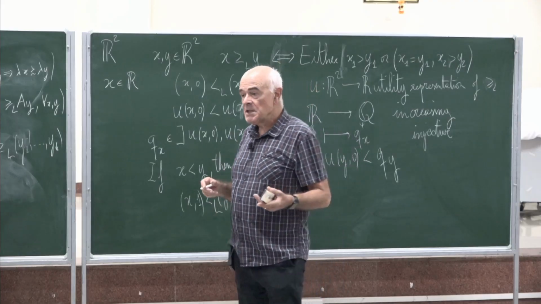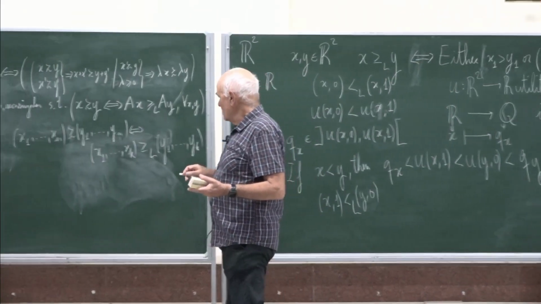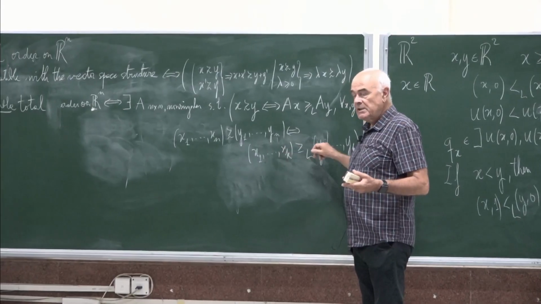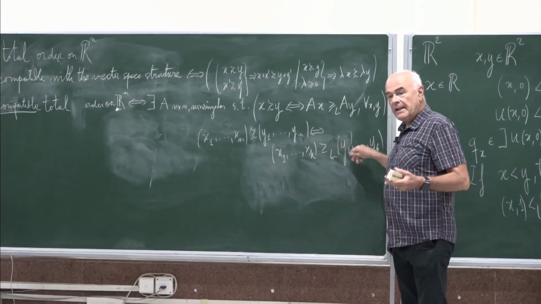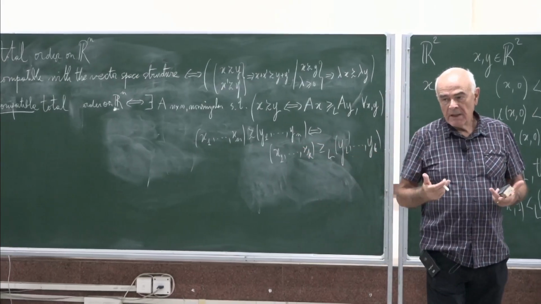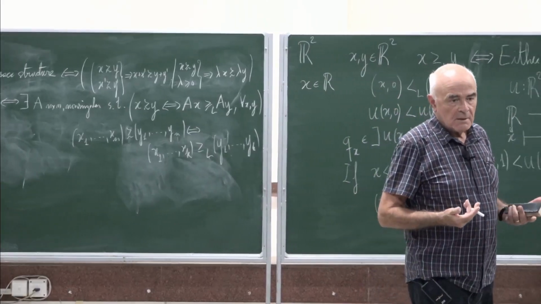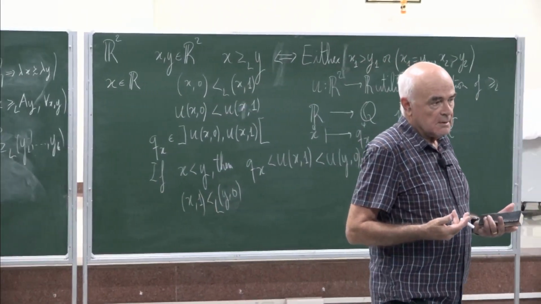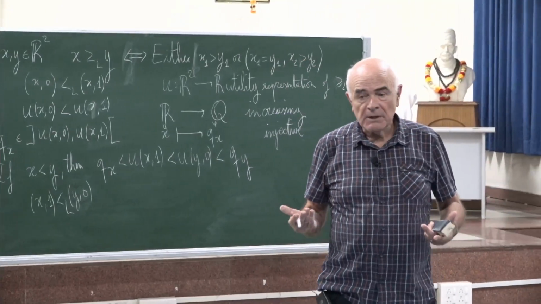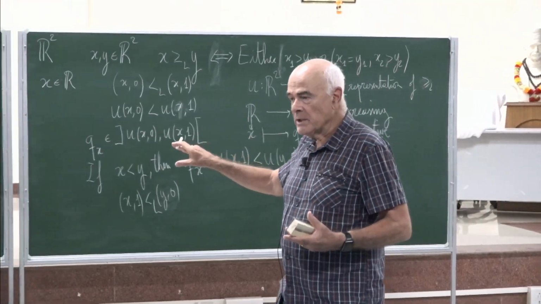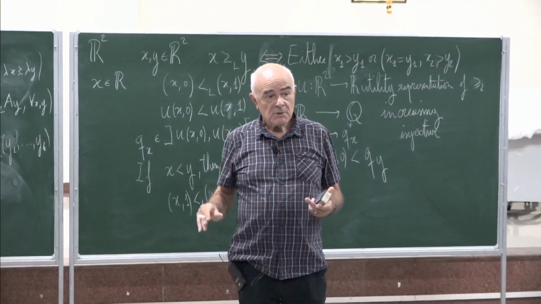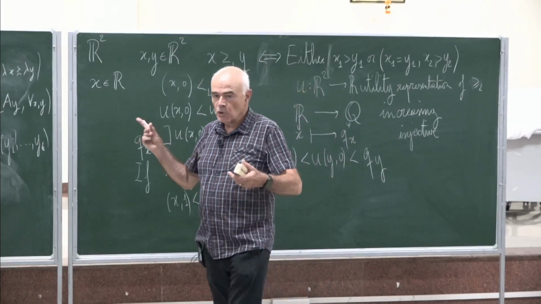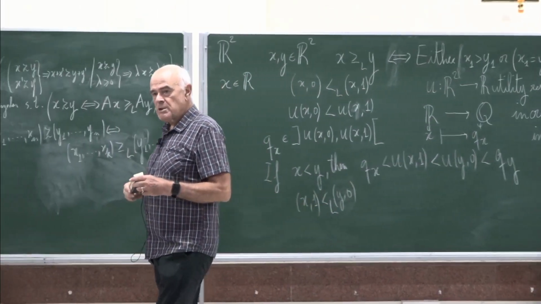This is why it is a preorder, because then we may have indifference between these two vectors if the k first components are the same, but they are not the same vector if the remaining components don't coincide. Okay? So the unique order or preorder up to isomorphism.